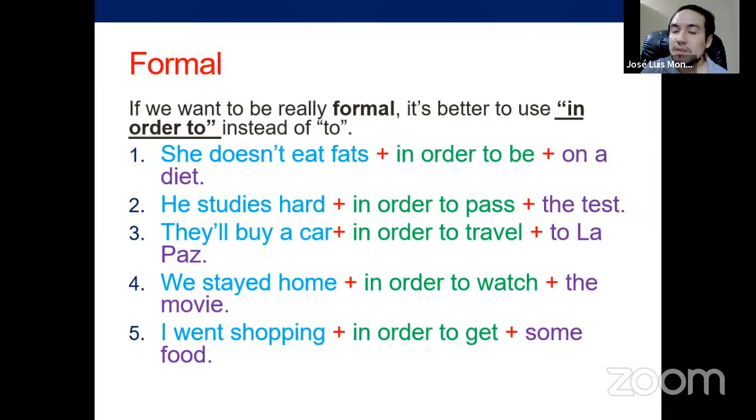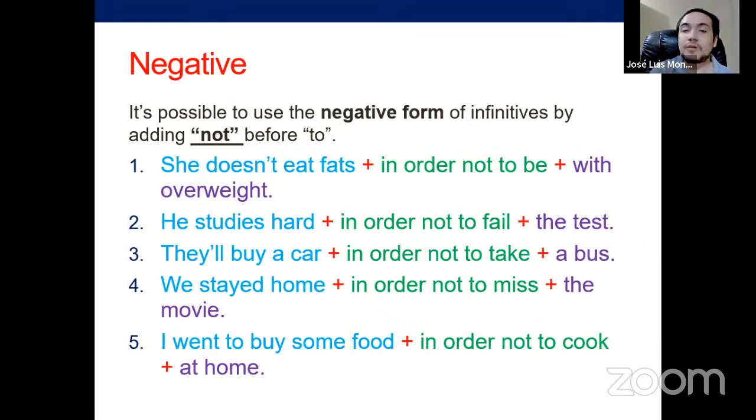Same logic, I'm just going to read three of them. She doesn't eat fats in order to be on a diet. They'll buy a car in order to travel to La Paz. We stayed home in order to watch the movie. So why? In order to. That's the same as the previous one, but of course, if you use the complete form, it is always more formal. It's really formal.